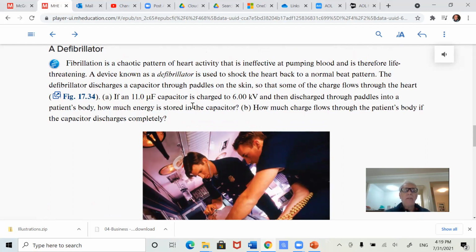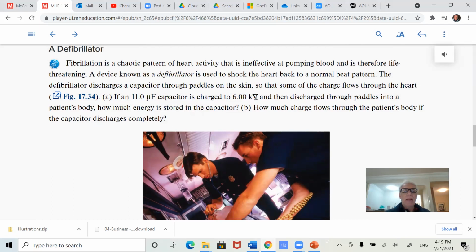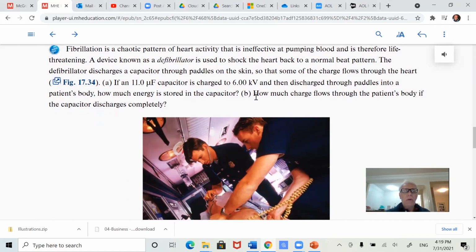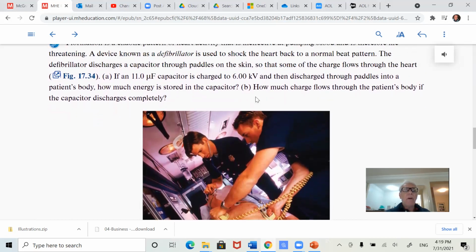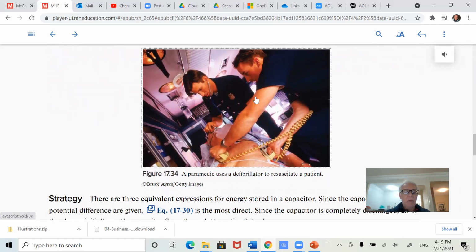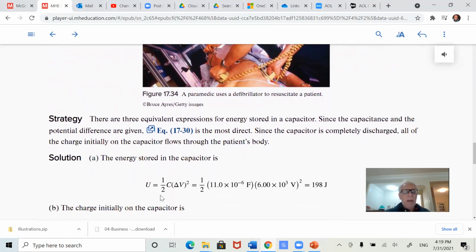How much energy is stored in the capacitor? How much charge flows to the patient's body if the capacitor discharges completely? Remember I told you it's easier to calculate the potential energy when you have the capacitance and the voltage. So it's going to be half C delta V squared.